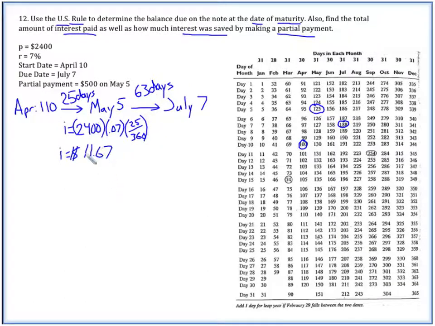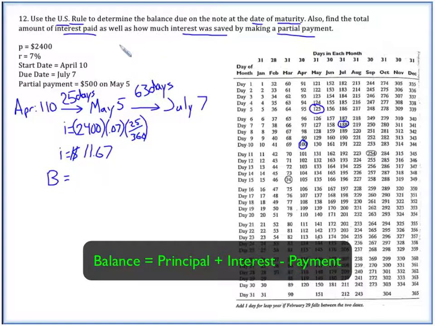So what we need to do now is find our new balance on May 5th. And what that's going to be, your balance is always going to be your principal plus your interest minus whatever payment you make. Okay, so our principal had been $2,400 right here, and we're going to have to add on $11.67, and then we're actually going to subtract our payment amount of $500, so minus 500 there.